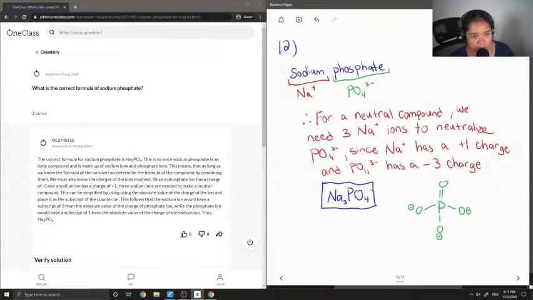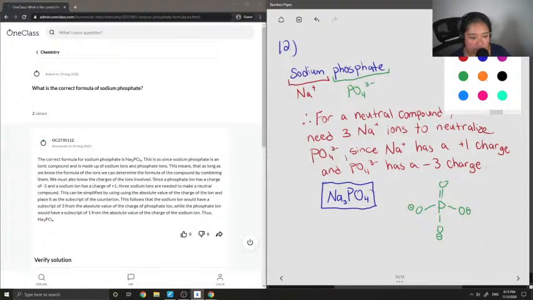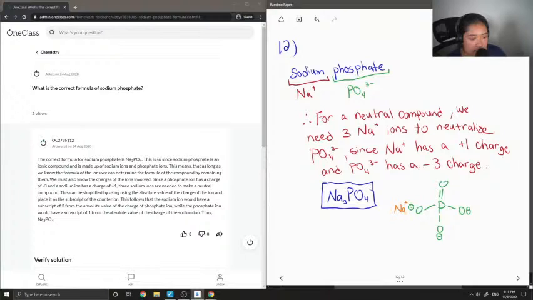And then I'm going to draw out what the sodiums would look like. They're over here, reacting with the negatively charged oxygens.